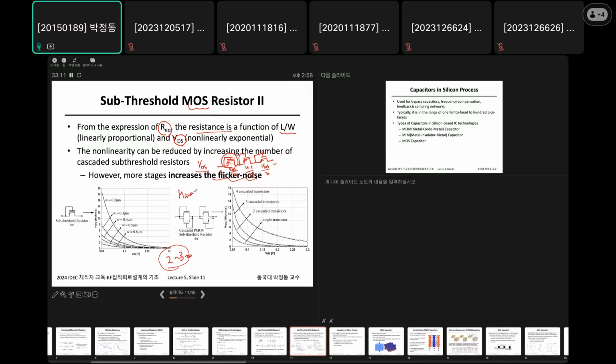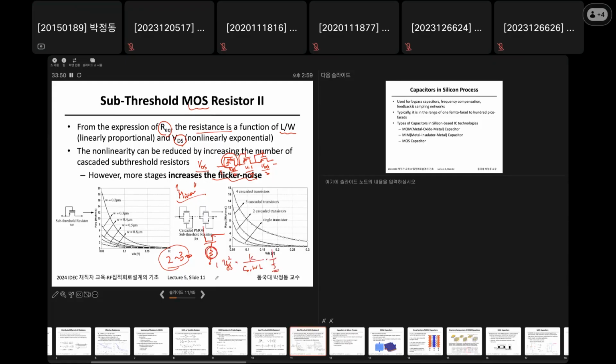If you use this kind of resistor at the gate of a mixer just to save area instead of using a conventional resistor, you are dead, because the induced flicker noise is very large and low frequency.